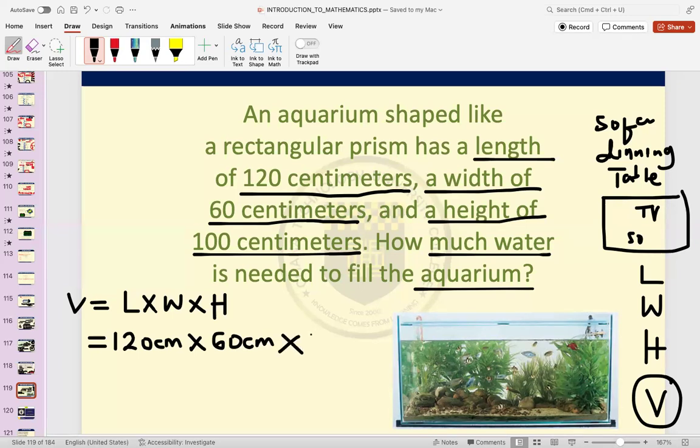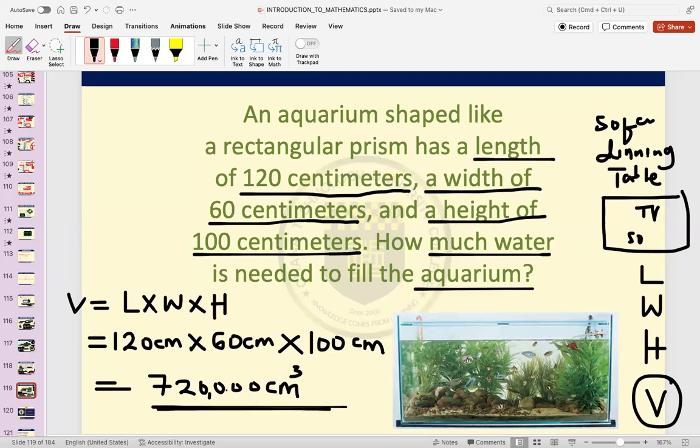And then the height is 100 centimeters. Let's put all these three together. And what are we getting? 720,000. Very good. 720,000 centimeters cube.